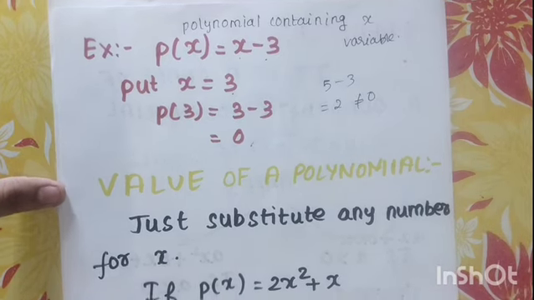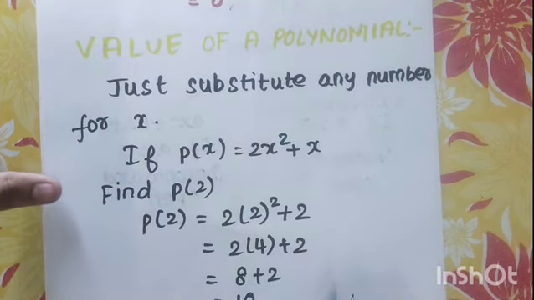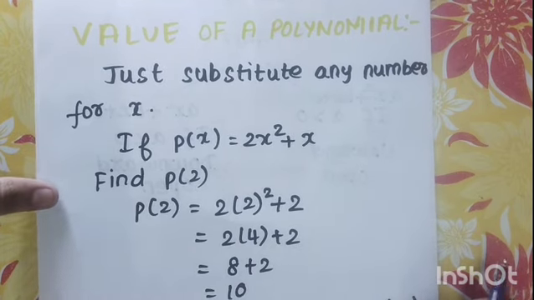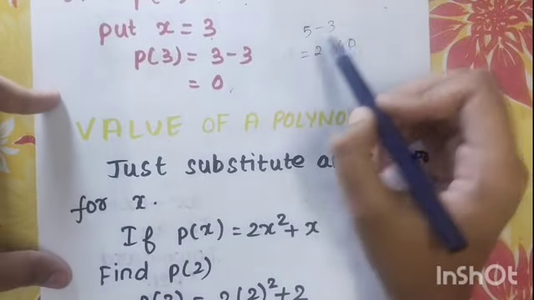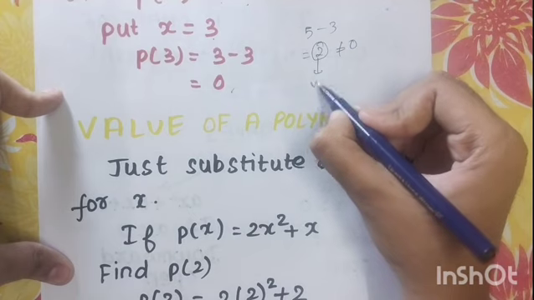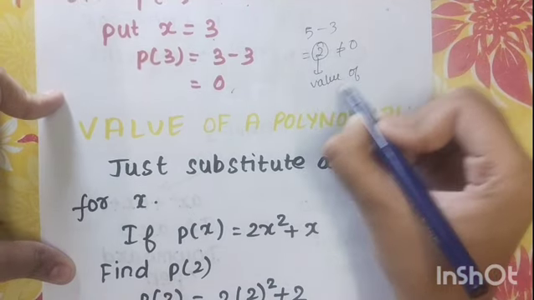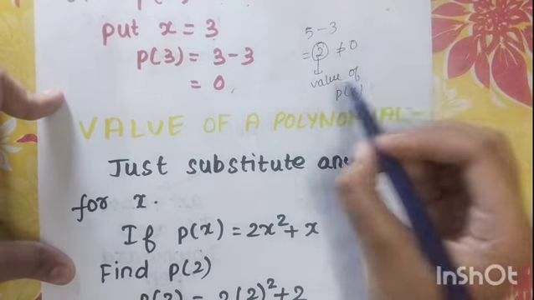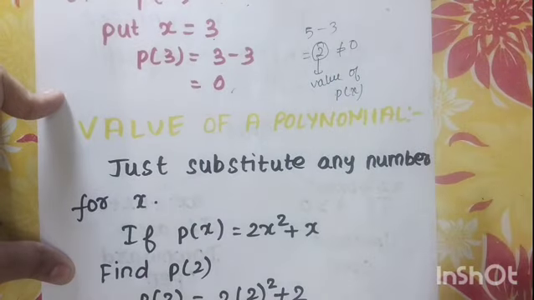Clear? So next, the value of a polynomial. The value is nothing but we just have to substitute any number for x. So here I have said, this 2 is nothing but the value of p of x. This is not a 0 but a value of p of x.